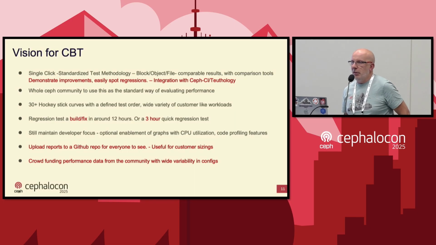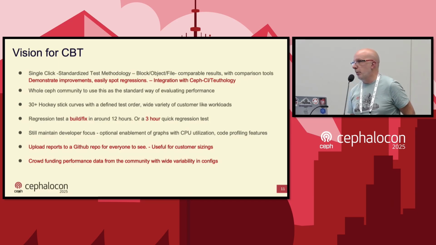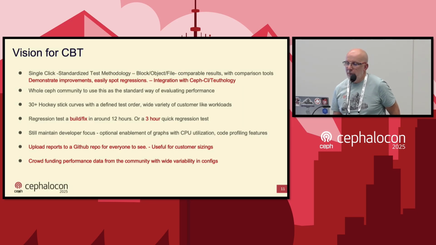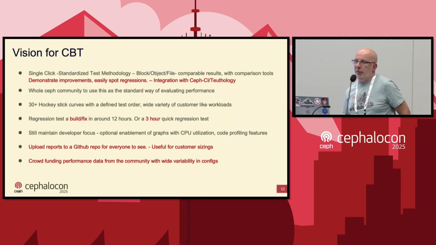Over the last 2 days, I've been talking to quite a few people, and in one of the panel sessions yesterday, 2 people put their hands up and said it's actually quite difficult to do sizing with Ceph clusters because of the huge number of configurations. So one of my visions with CBT is that it will become the way of benchmarking performance of Ceph clusters.